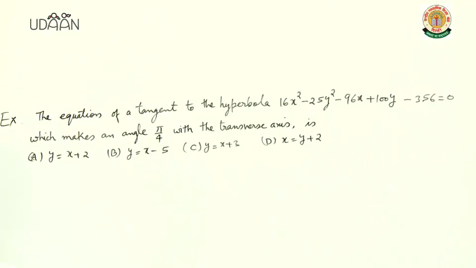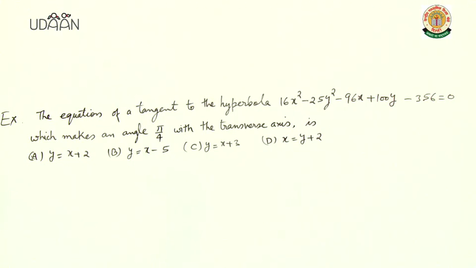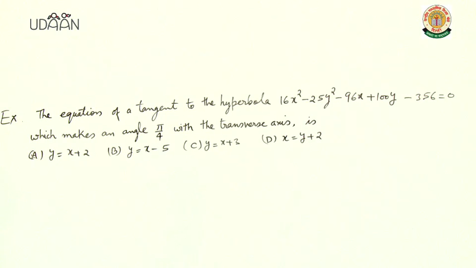Children, in this example, the equation of a tangent to the hyperbola 16x square minus 25y square minus 96x plus 100y minus 356 equal to 0, which makes an angle pi by 4 with the transverse axis is. It means you have to find out the equation of tangent.